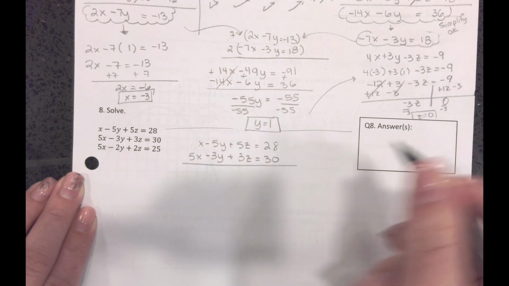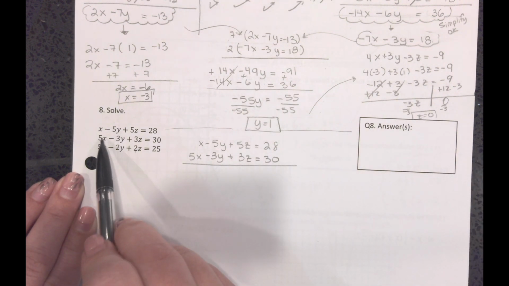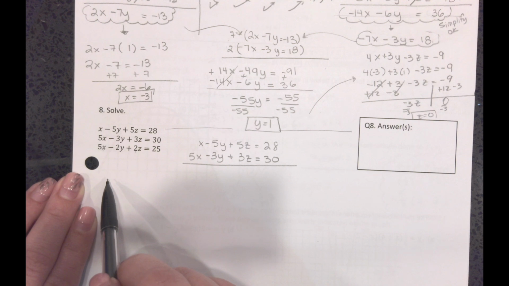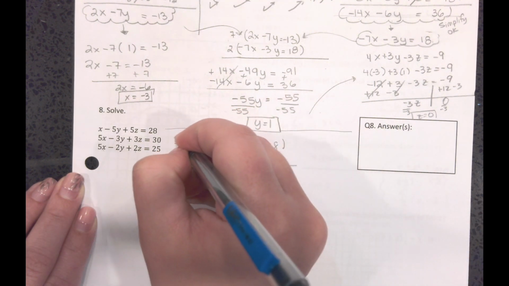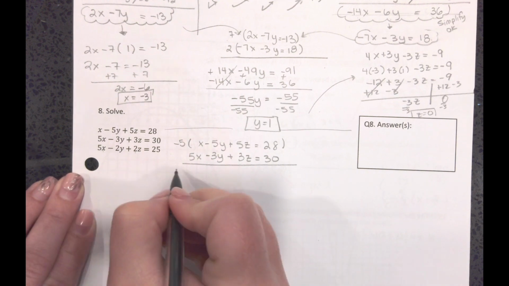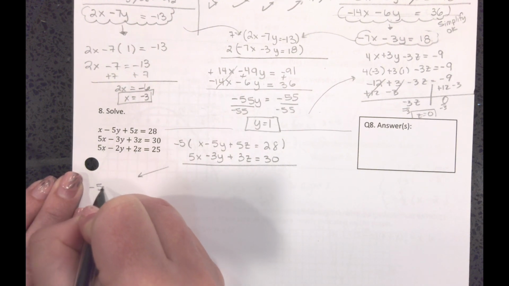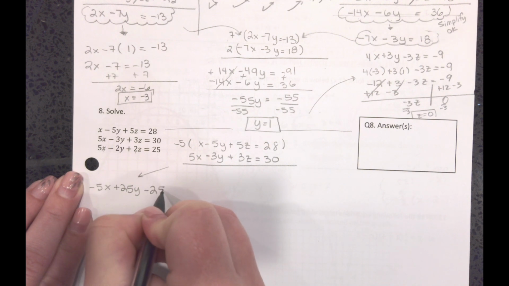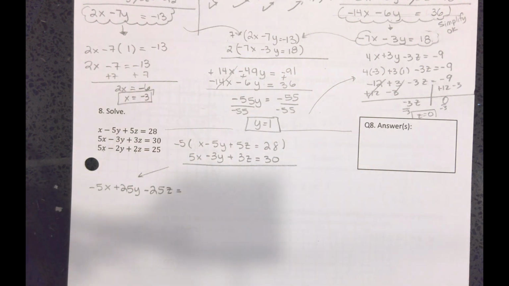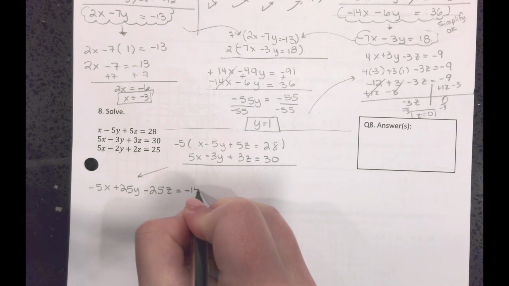Choose a variable to eliminate. I'm going to think ahead and I'm going to eliminate x's in my other one. So I'm going to multiply this by a -5. So we got -5x plus 25y minus 25z is equal to 28 times -5, which gives me a -140.